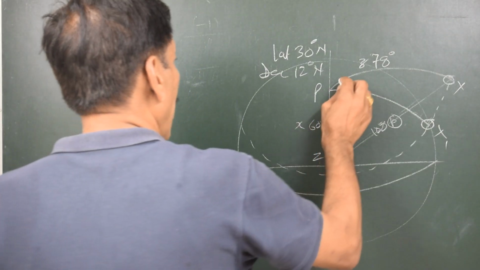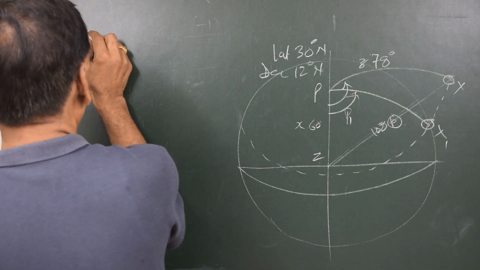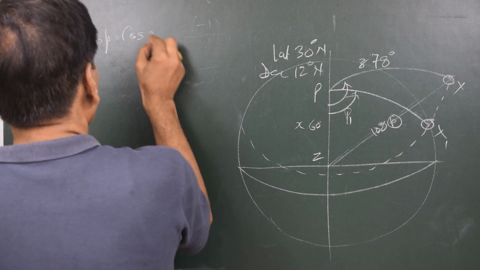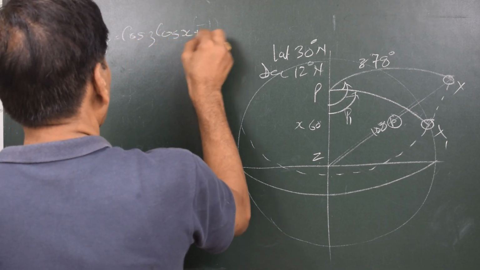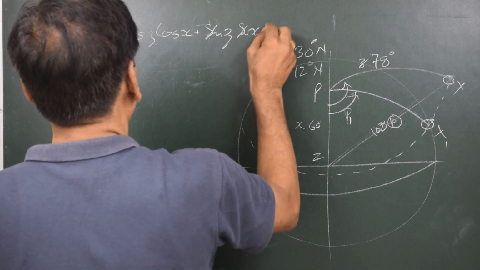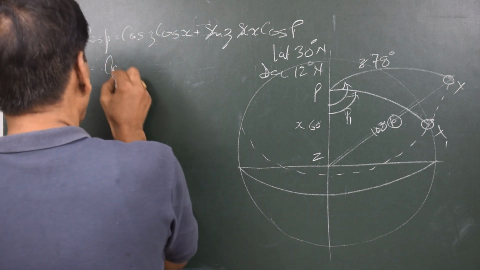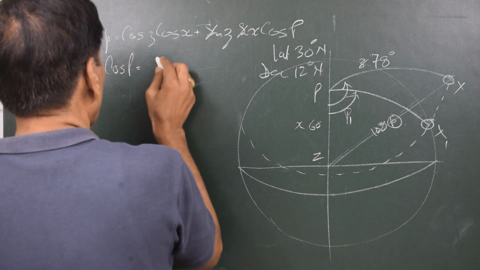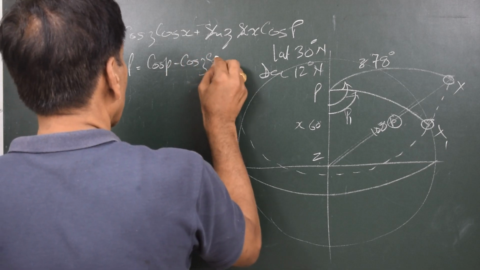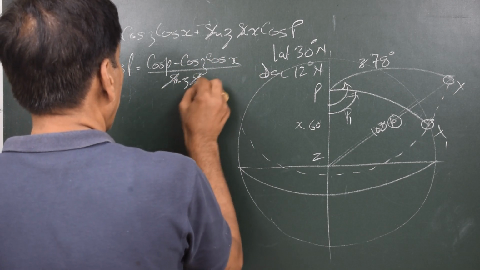In case I want to find angle P, I will write down the formula first for side p. So cos small p is equal to cos z cos x plus sin z sin x into cosine of the opposite angle P. Therefore, cos of angle P should be equal to cos small p minus cos z cos x, divided by sin z sin x.